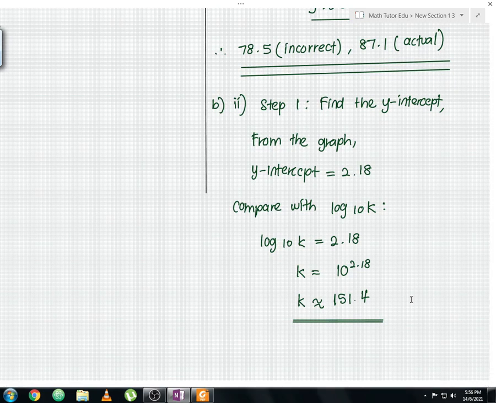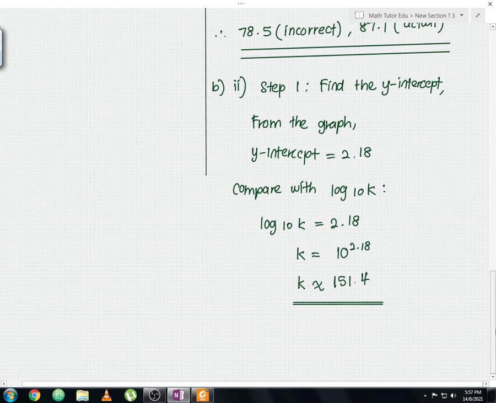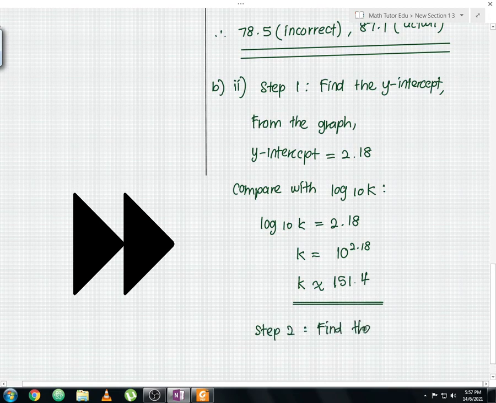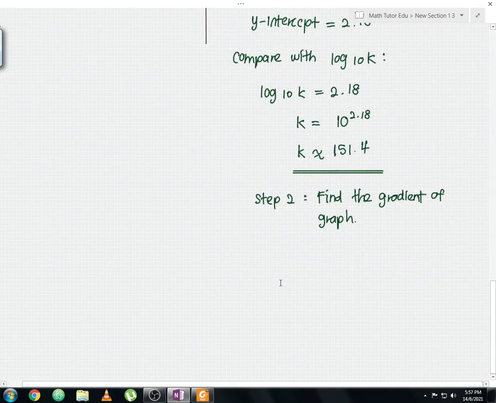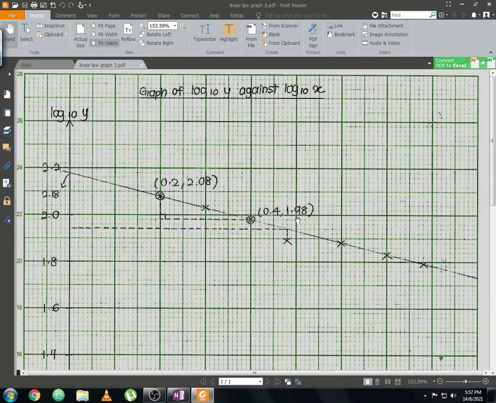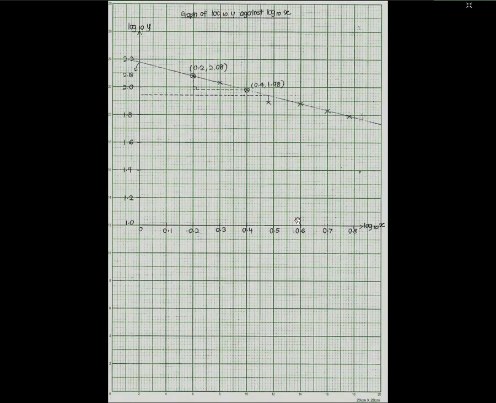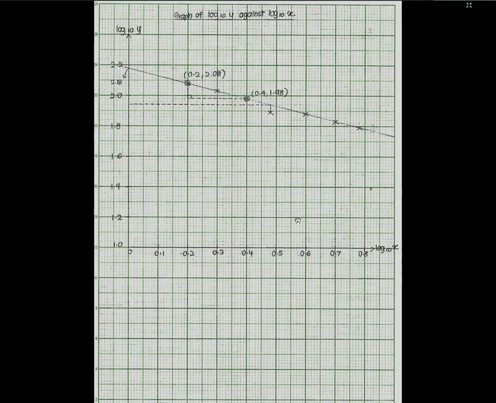So the second step, what we can do is, now we can find the gradient of the graph. Let me write the working over here. Okay, so let me open the graph paper now. Let me zoom in.